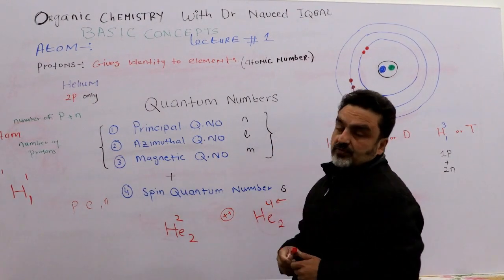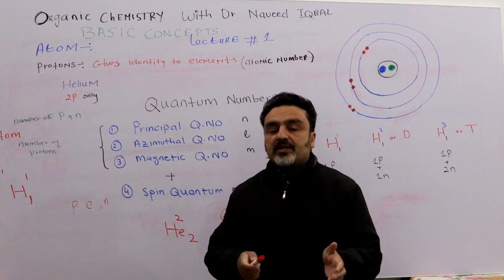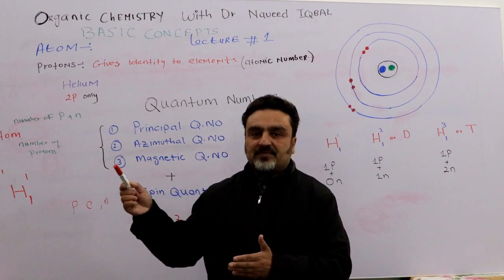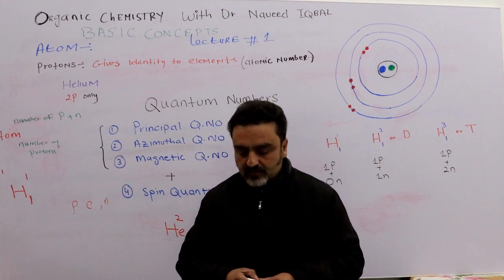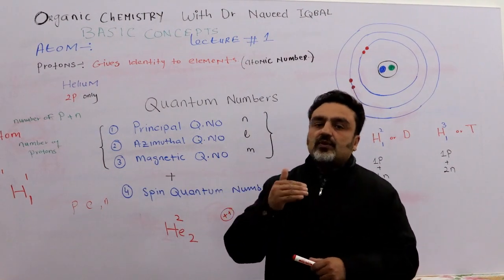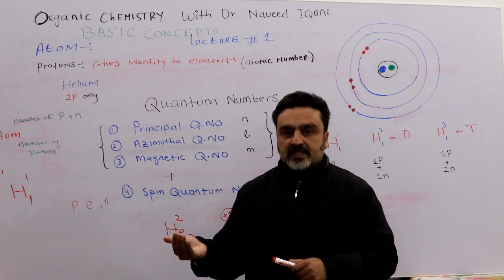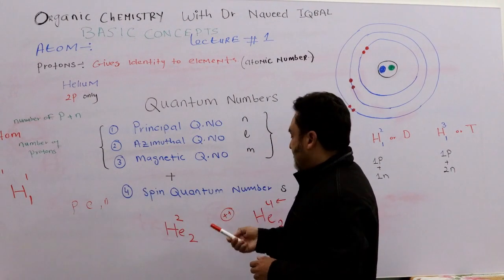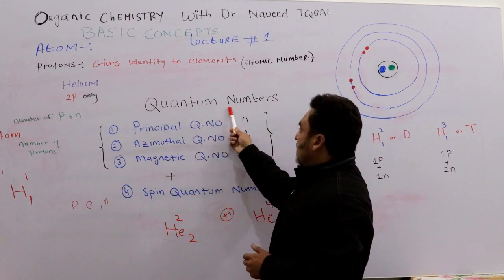First of all we need to know where the electron will be present in an atom, and what will tell us where the electron is present in an atom.